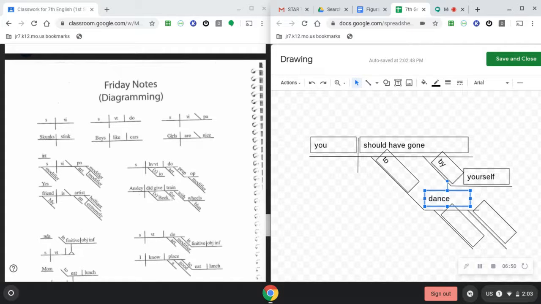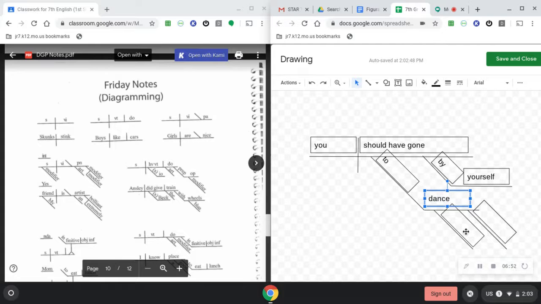Now there are two words that modify dance, that make it more specific. What are those two words that modify? School is one. Okay, what else modifies dance? The is an article, which is a form of an adjective.